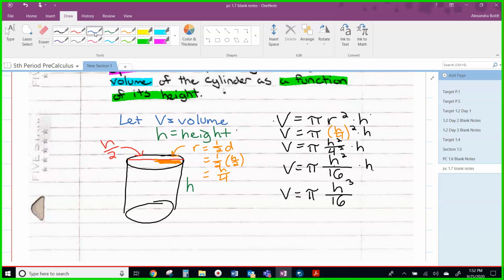My volume, which is what I want, is by itself. So I just need to write this in my function notation. I want my volume as a function of height does equal pi times h cubed over 16.